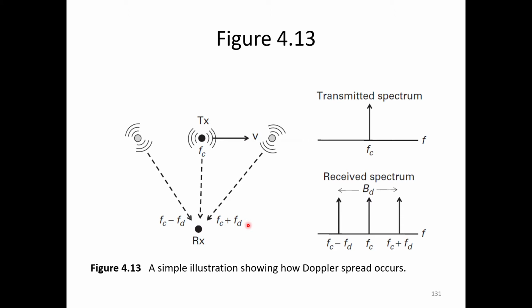And when the signal is scattered by the other scattering object and arrives at the receiver, the frequency is Fc minus Fd.